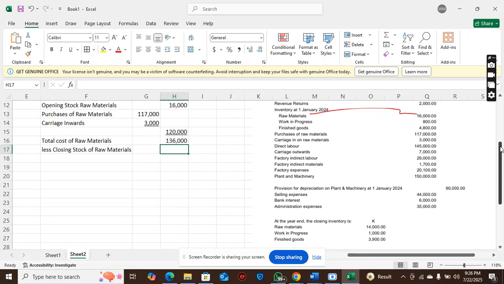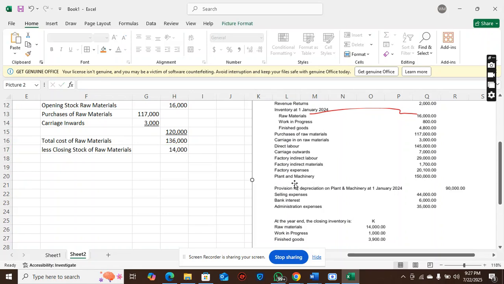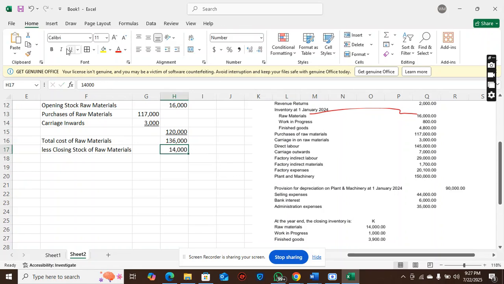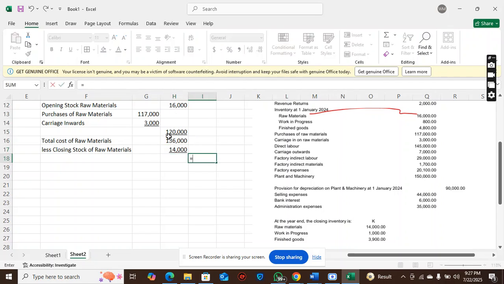So let's take the closing stock of raw materials, 14,000. So we subtract. 122,000.